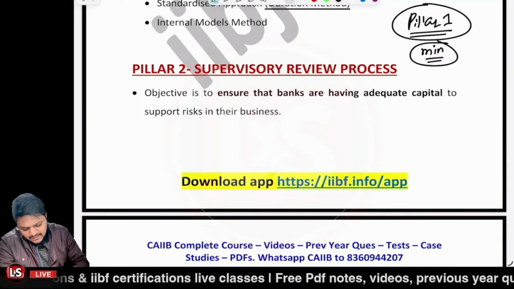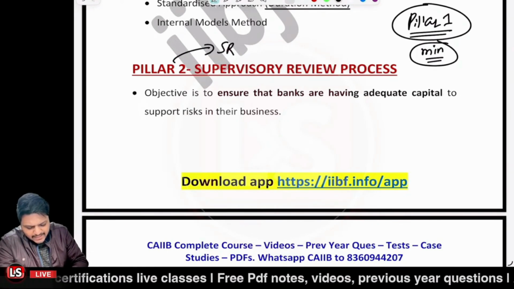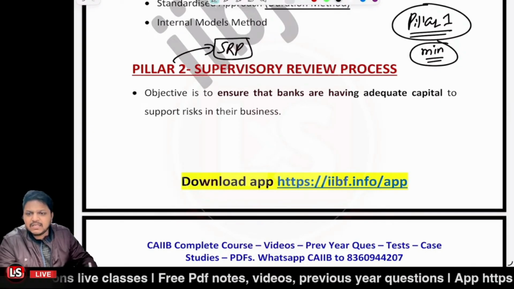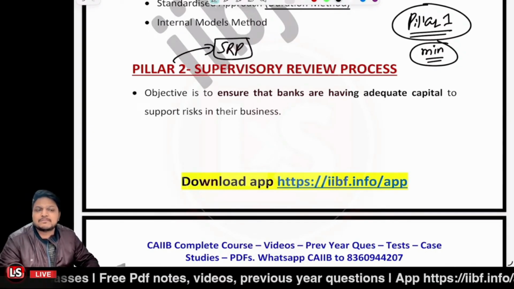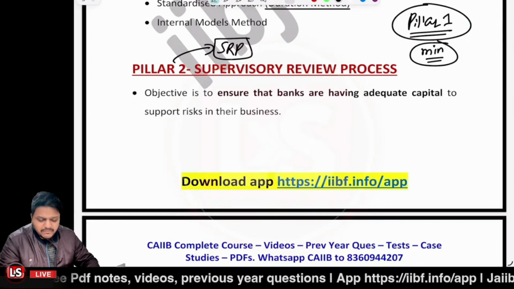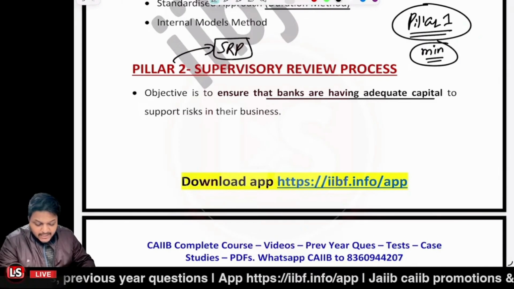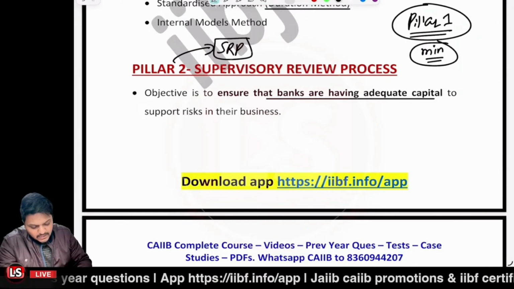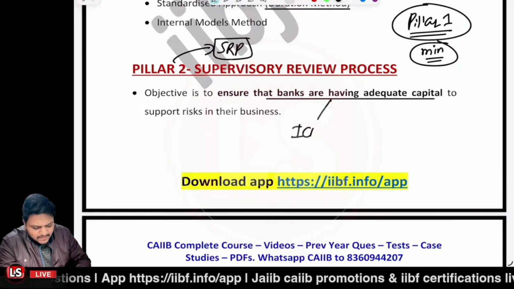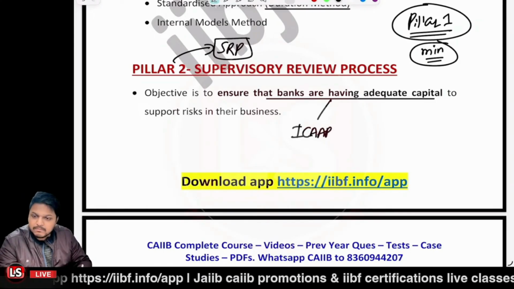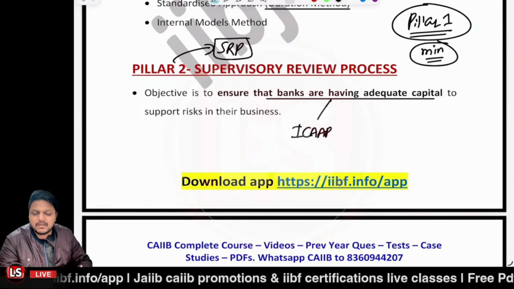In short, we say pillar 2 is the SRP, that is the supervisory review process. The main objective is that banks ensure they have adequate capital, and it has 2 components. The first component is ICAAP. Make sure you memorize it right now.